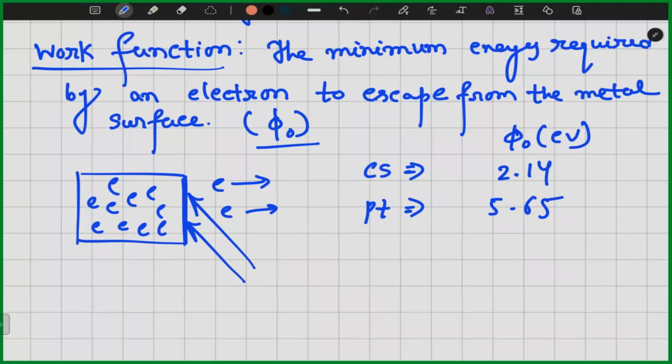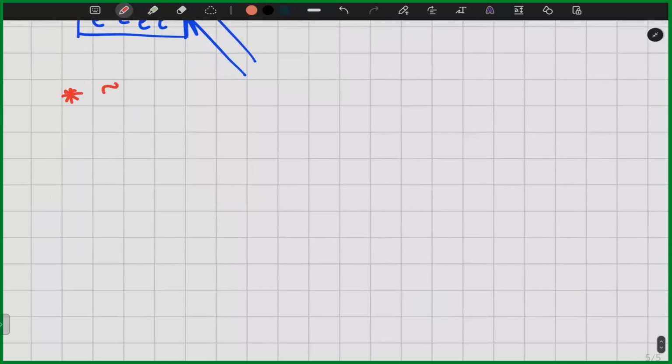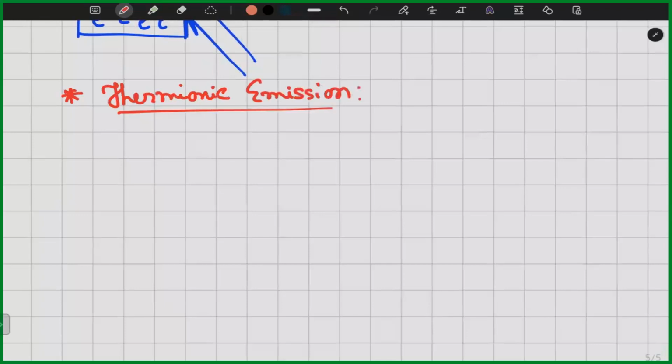Now, not only by irradiating light, there are some other procedures by which we can make the electron escape from the metal surface. First is thermionic emission. From the name we can identify there is something related with heat.